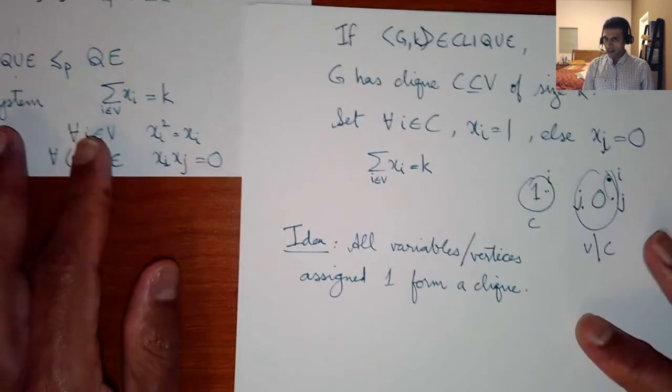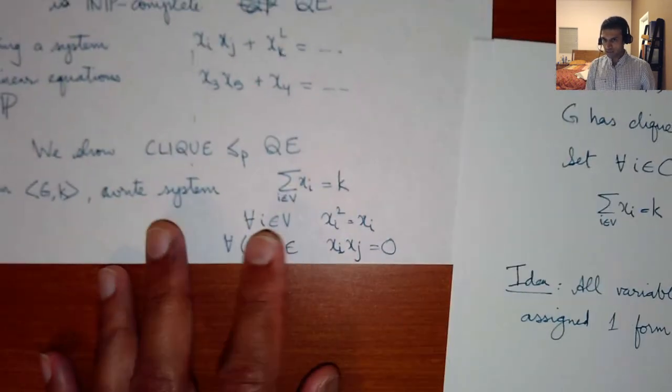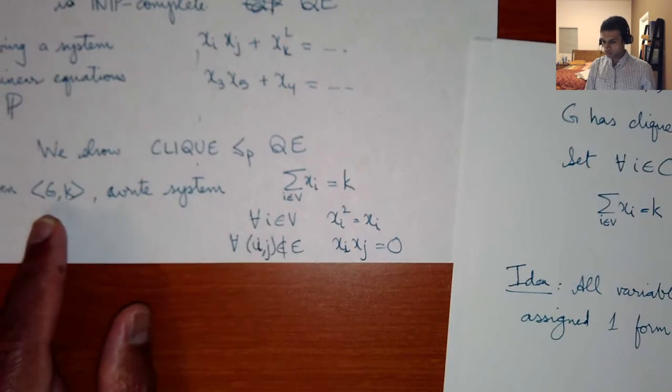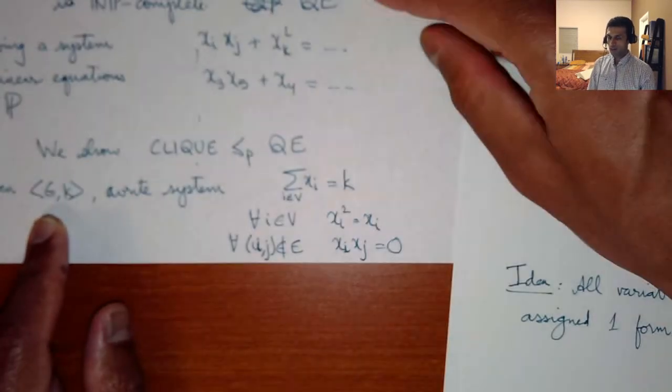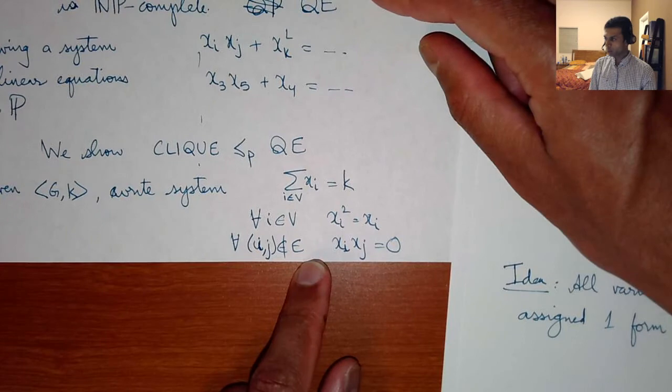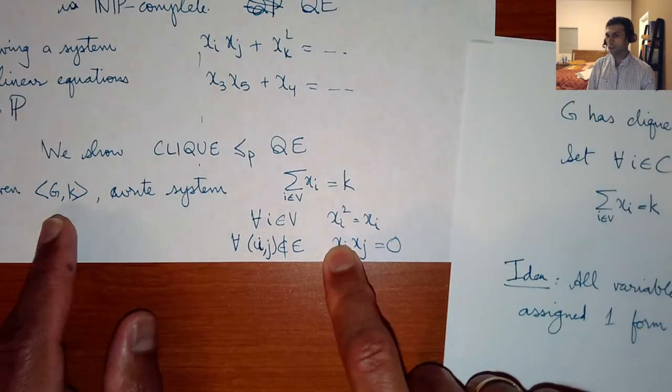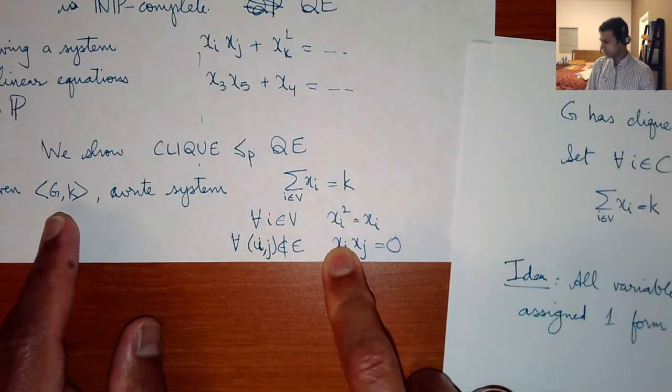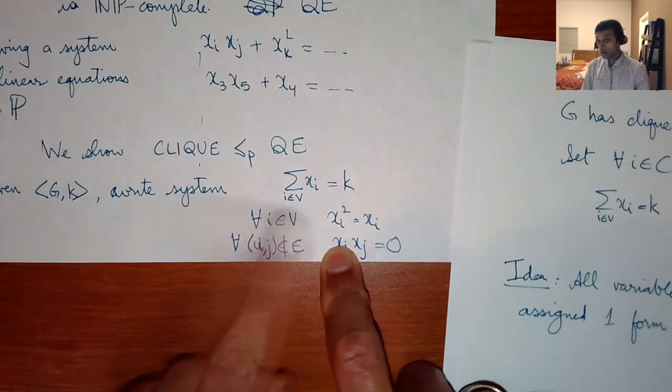What I need to show here is, given any clique problem, I can write a system of quadratic equations that is satisfiable if and only if G has a clique of size k. I'm not going the opposite direction.